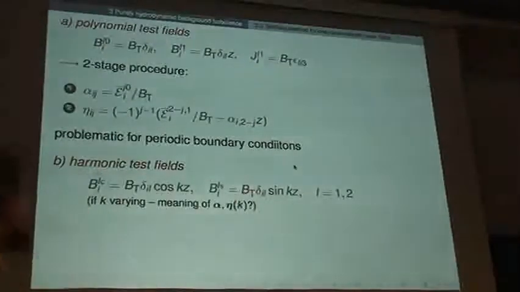Harmonic test fields are notated in this way, that again, either the x or the y component depends on z by a cosine or by a sine. And now you may, of course, ask, k is a parameter in it, so the results, alpha and eta, will depend on k. So what does it mean?